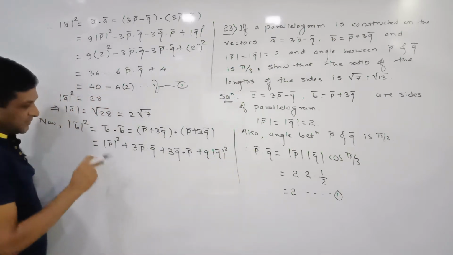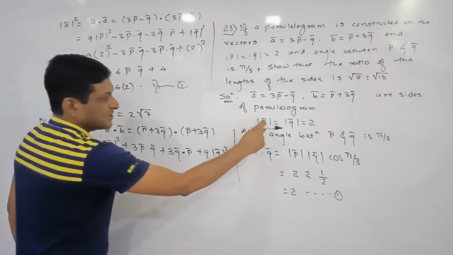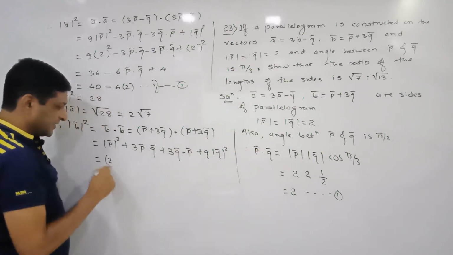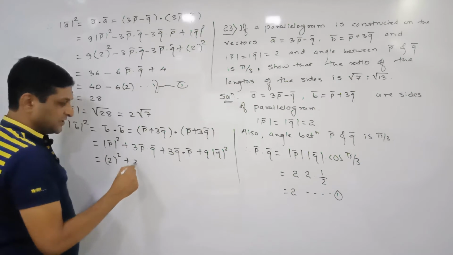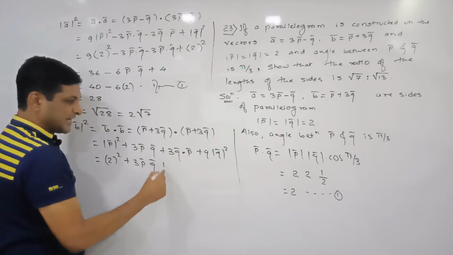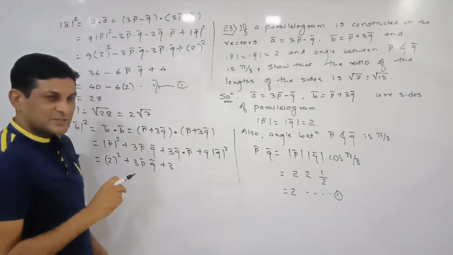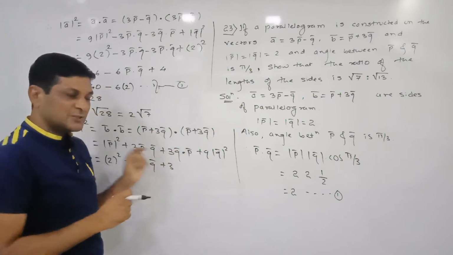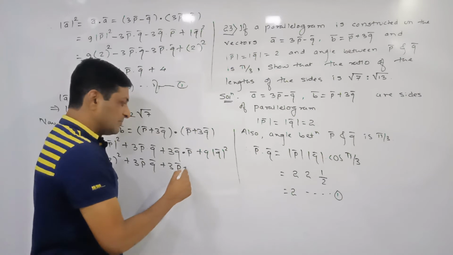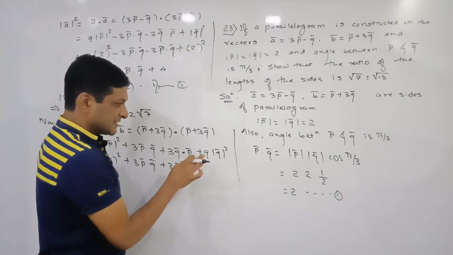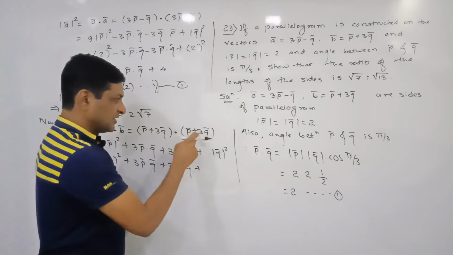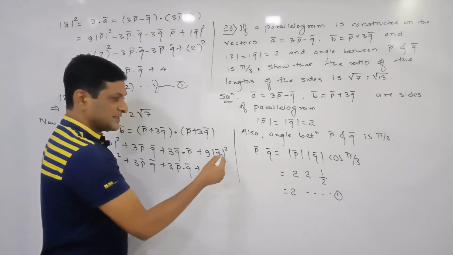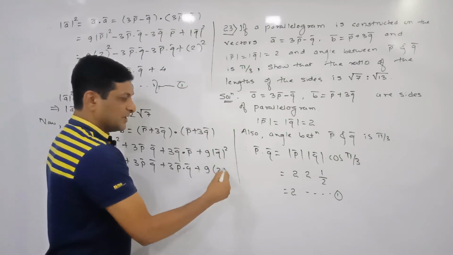Replace magnitude of p bar by its value 2. So here we'll get 2 square plus 3 p bar dot q bar, keep it as it is, and since dot product is commutative, q bar dot p bar can be written as p bar dot q bar, plus, sorry, here 9 is there because 3 3s are 9, keep it as it is, and magnitude of q bar will be equal to 2.